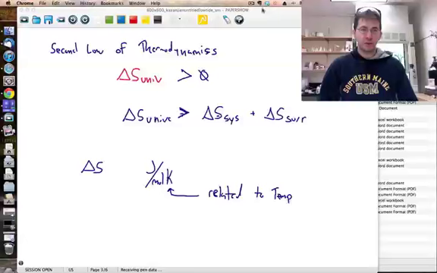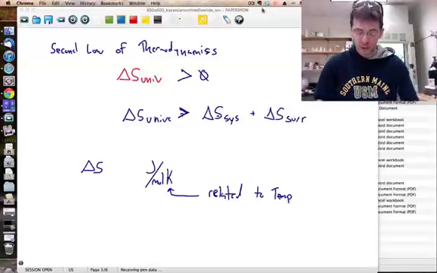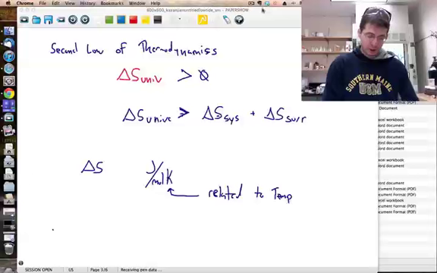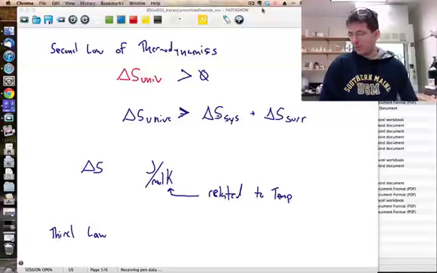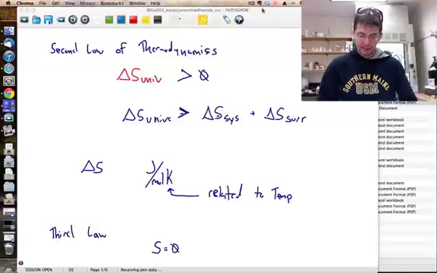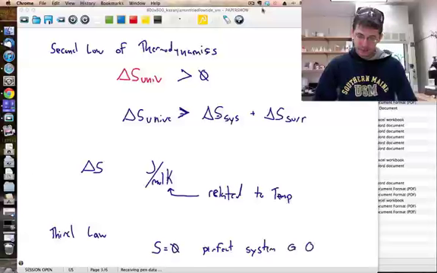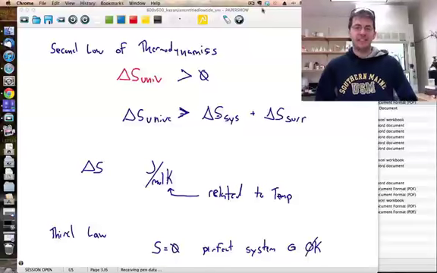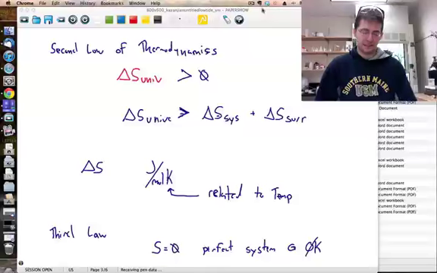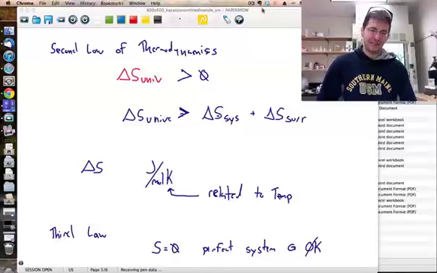The second law of thermodynamics says that entropy is always increasing, and then there's the third law of thermodynamics, which says that the only time you can have an entropy equal to 0 is for a perfect system at 0 Kelvin, at absolute zero. So basically, it's a cheat, and you can't really get there.